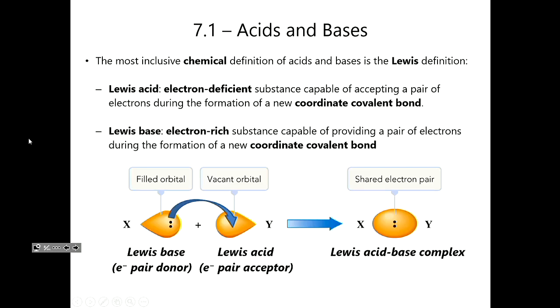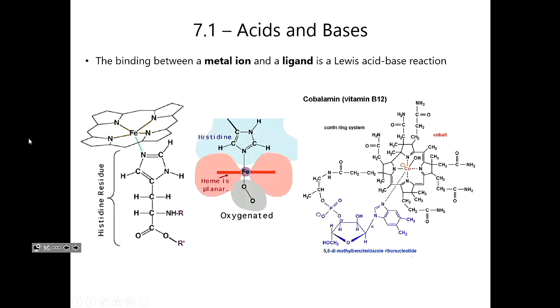That's not shown in this slide, but I'm saying it. It can also be an atom that is bonded to something very electronegative that's attracting electrons in that direction. It's leaving that atom somewhat electron deficient, so something can come from the opposite side and form a new bond, and that establishes the Lewis acid-Lewis base interaction.